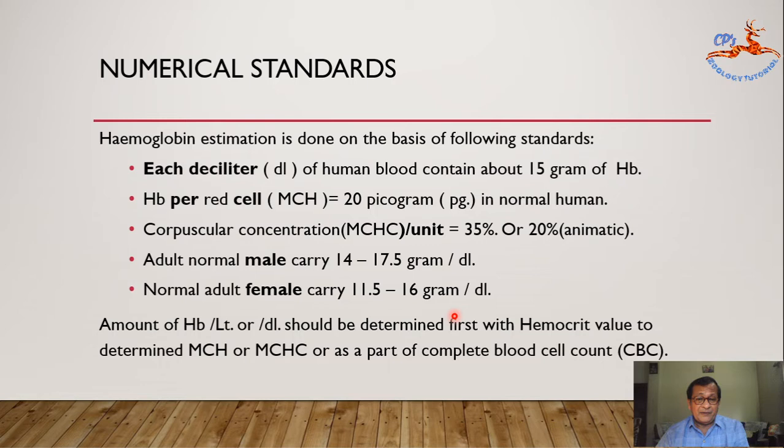But it is to be remembered that for determination of MCH, MCHC, or even the complete blood count, CBC, hemoglobin per liter or hemoglobin per deciliter is primarily required. So our target is to determine the hemoglobin per deciliter or milliliter.